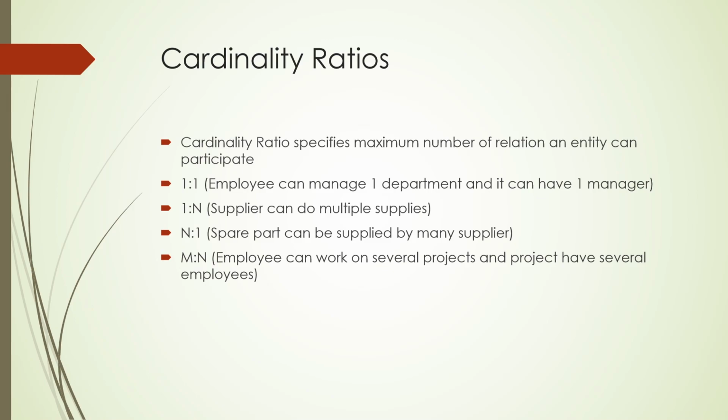Another example I've tried to state here is that a supplier can do multiple supplies. For example, a supplier is dealing with computer spares. That particular person can supply printer cartridges. That supplier can supply CDs. That supplier can supply pen drives.